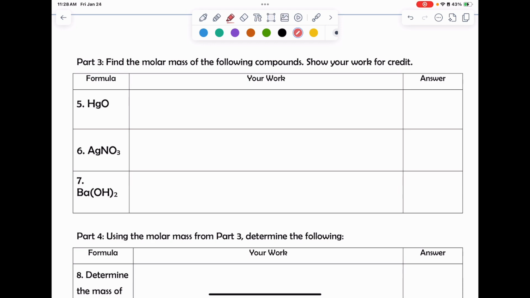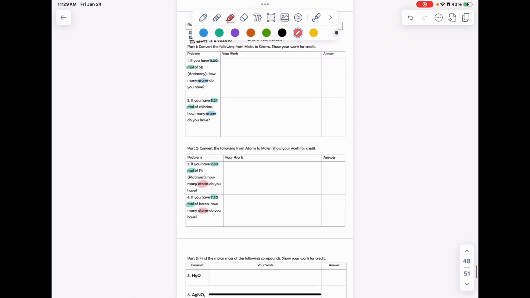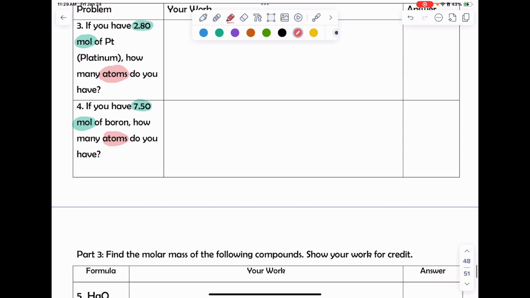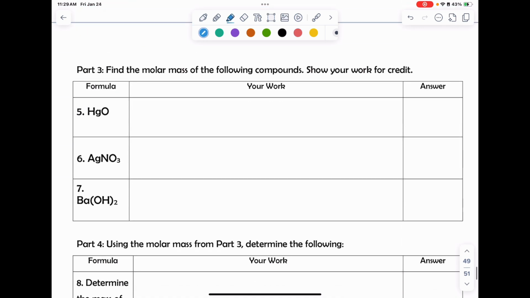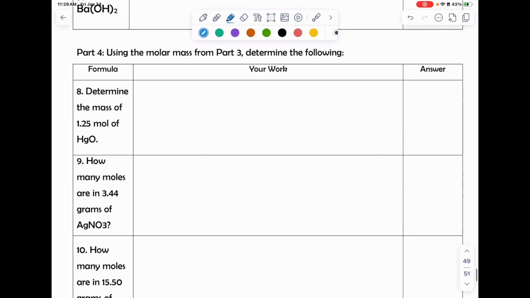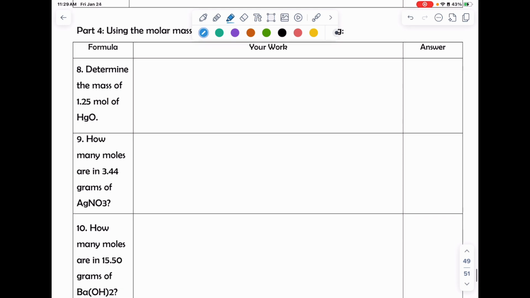Part 3, we need to find the molar mass. Again, anytime you see the word mass or grams, you need to look on the periodic table. So we're going to highlight that blue. All of these, we need to find the mass on the periodic table. Part 4, using the molar mass, you're going to determine the following.